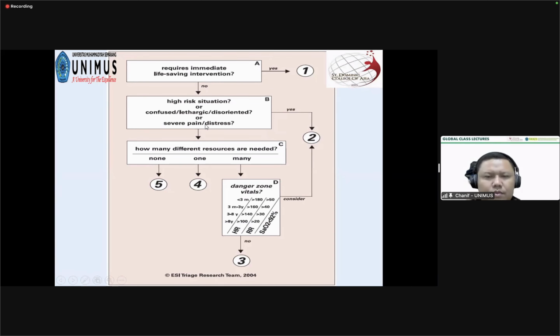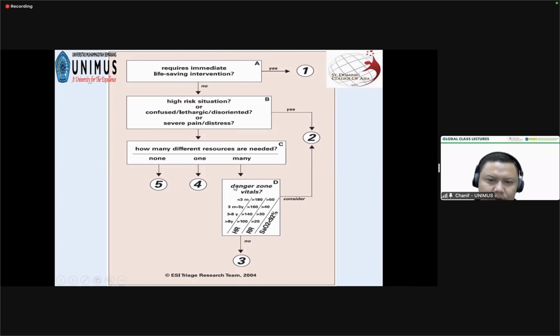If no, for another consideration we can check the vital signs. If the patient is in the danger zone vitals based on age, from 3 months to 3 years, 3 to 8 years, and more than 8 years, you can check the heart rate, respiratory rate, and also oxygen saturation.